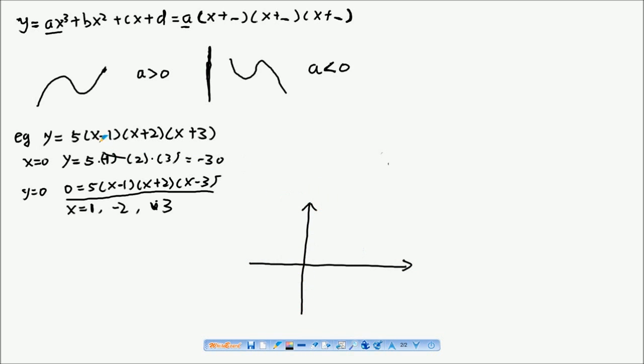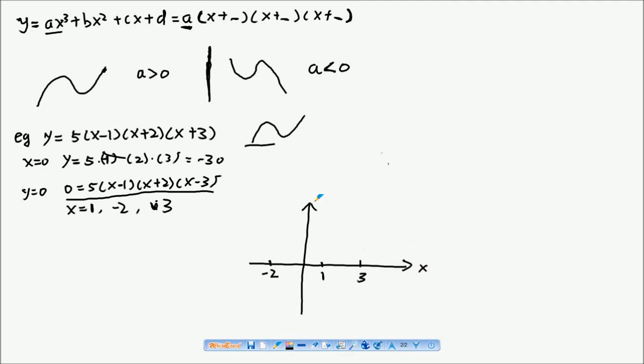So from the equation we know the graph is this shape. Okay. Because the coefficient a is actually a positive number, so it has to be in this shape. So the 3 x-intercepts are minus 2, 1, and 3.